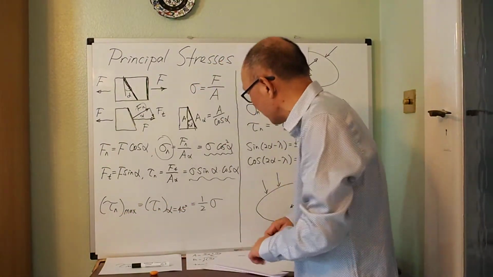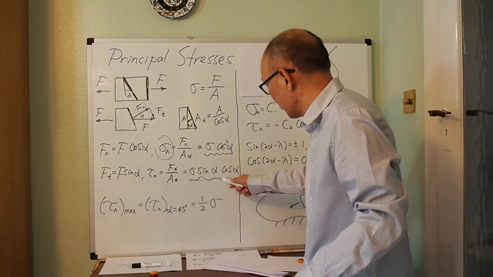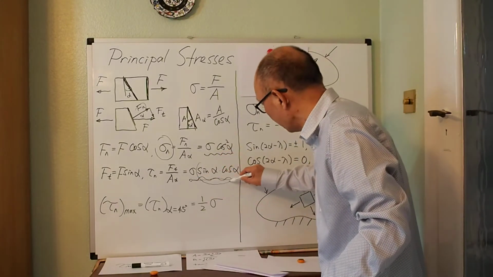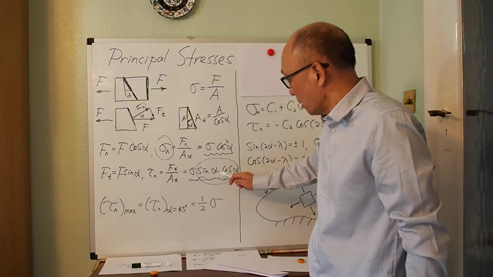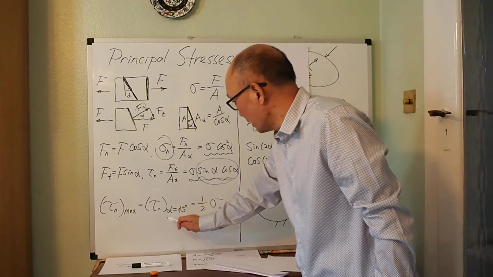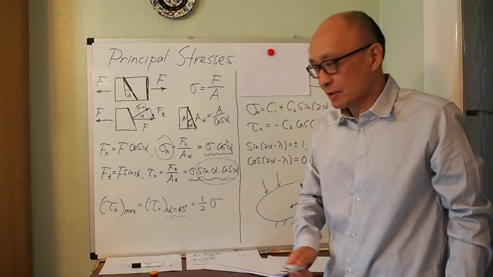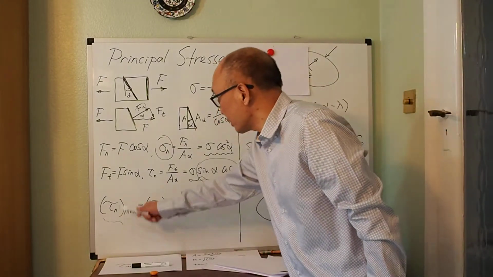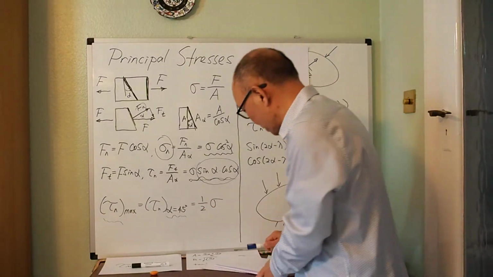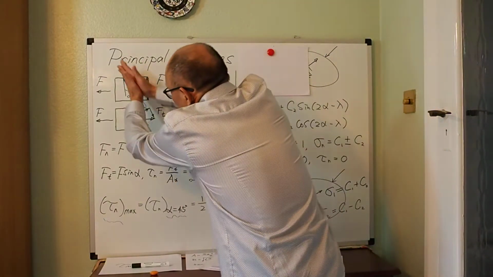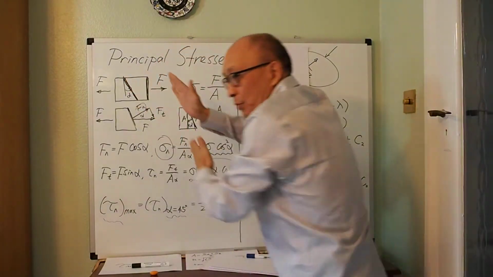If you look at that equation there, these two terms together become maximum when alpha is 45 degrees. So this shear stress is maximum at 45 degrees, and that's why the sliding occurs at those 45 degrees.